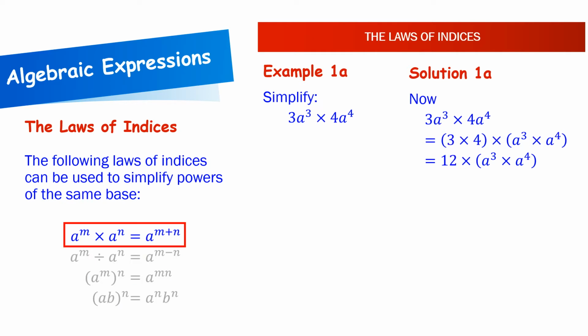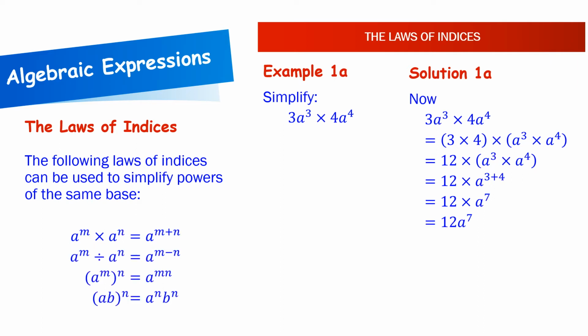We will now use the first highlighted law to help us solve a cubed times a to the 4. So adding the indices gives us a to the power 7. And overall we have 12a to the power 7.